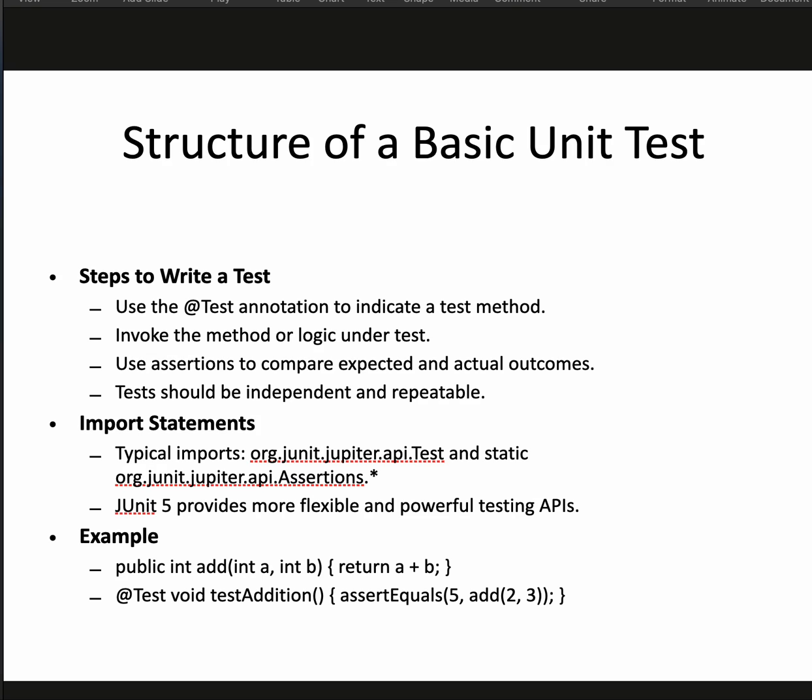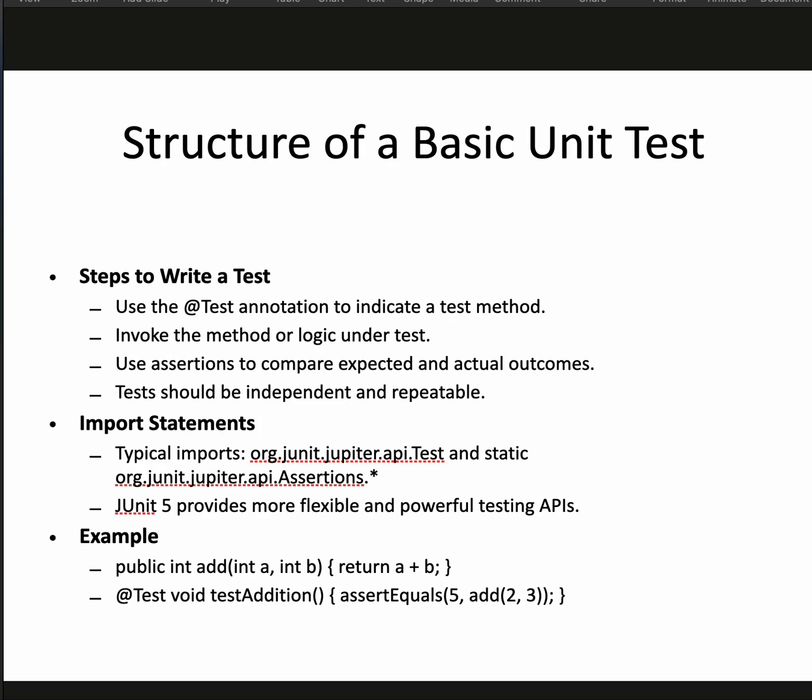We use assertions to check the result from the method and make sure it is what we expect. For example, we might write assertEquals(5, add(2, 3)), checking that adding 2 and 3 gives us 5.